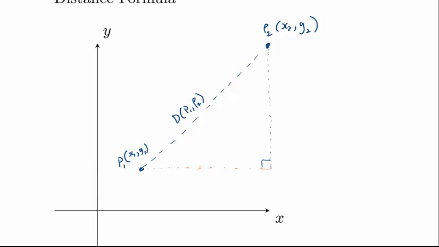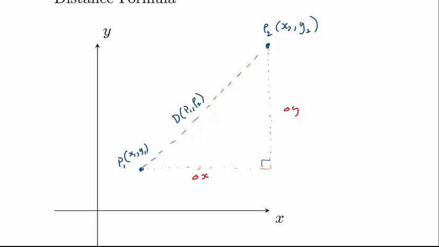So with a right triangle, we can use the Pythagorean theorem. If we look at this length, this is delta x, and this is delta y. So delta x, delta y, a squared plus b squared equals c squared. That's going to be the key to understanding where this is coming from.